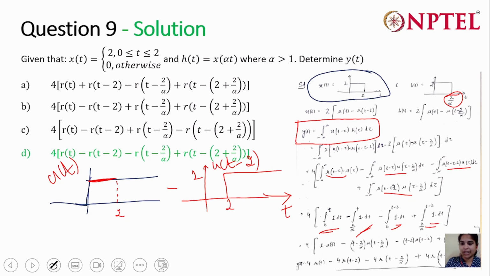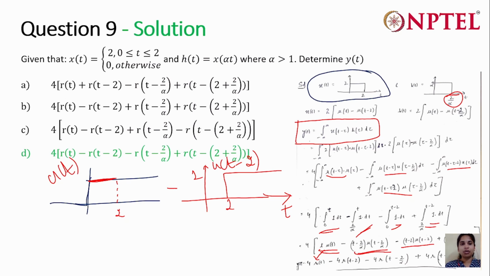So we integrate this and we get t into u of t minus this, you will get t minus 2 by alpha into u of t minus 2 by alpha. Same way for this. So we will get 4 terms. T into u of t, we write as unit ramp. So the answer is 4 r of t minus 4 r of t minus 2 minus 4 r of t minus 2 by alpha plus 4 r of t minus 2 plus 2 by alpha.